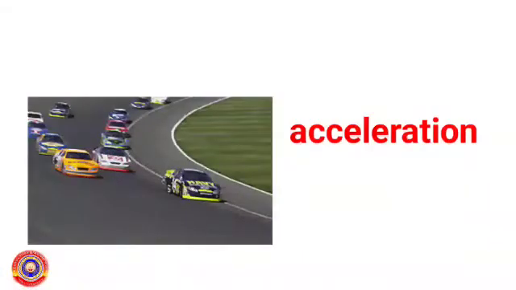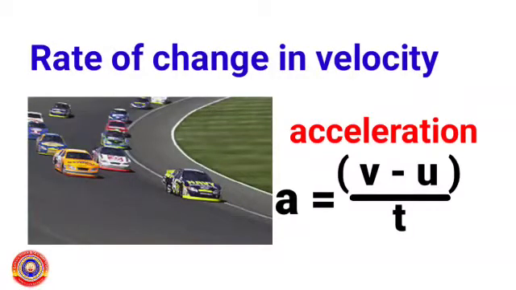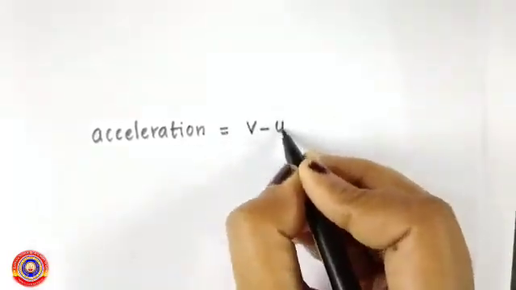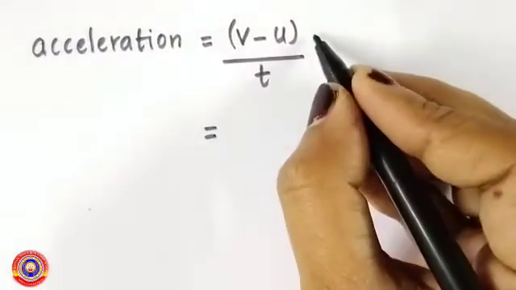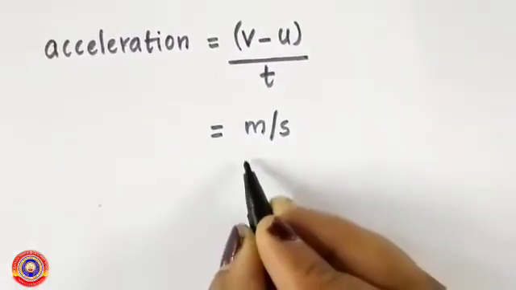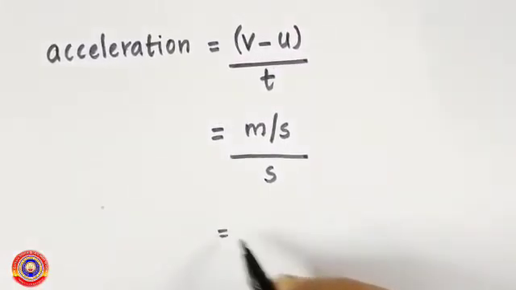Acceleration is the rate of change in velocity. Acceleration equals v minus u divided by t. This is the formula for finding acceleration. The change in velocity is the velocity itself, so we can write the unit of velocity here. And the unit of time is second.